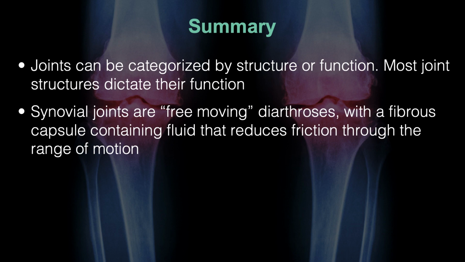We tend to focus on synovial joints. Those are the free moving joints, the only ones that have a capsule, a fibrous capsule that surrounds the joint, contains synovial fluid, whose job is to lubricate those two surfaces and reduce friction.